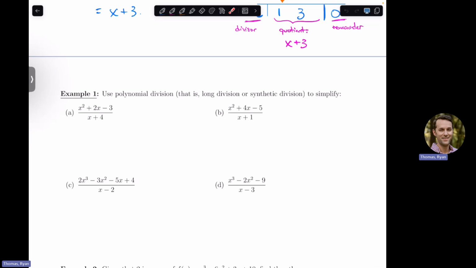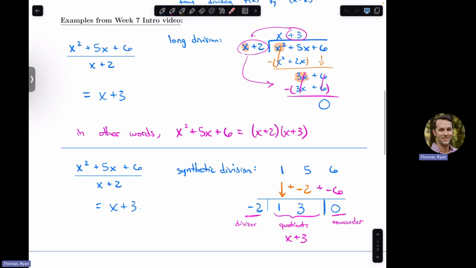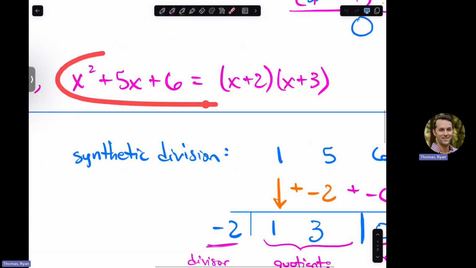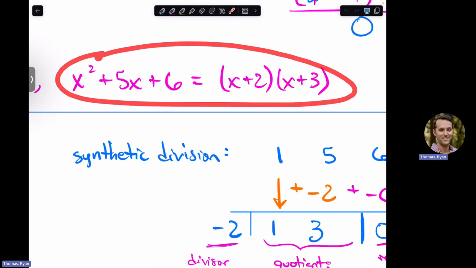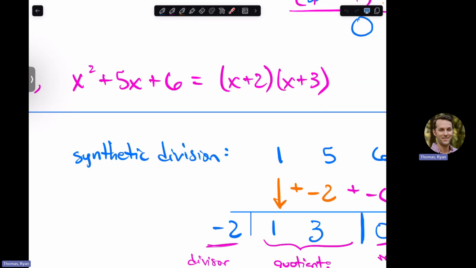The idea is this: if we have, let me just point at this thing that I've already got. This is something that we could factor normally, right? Like I know how to factor x squared plus 5x plus 6. Already it's x plus 2 times x plus 3.